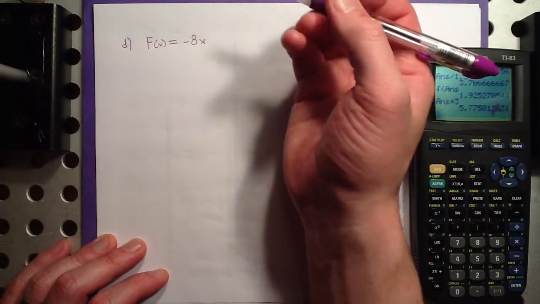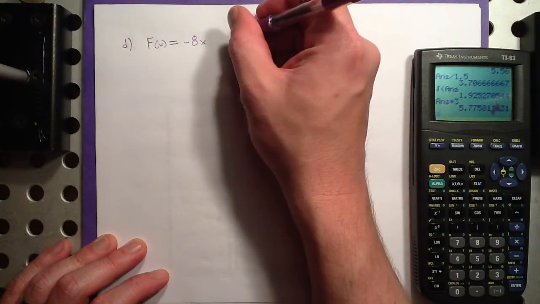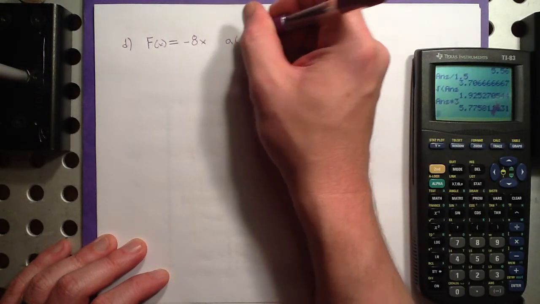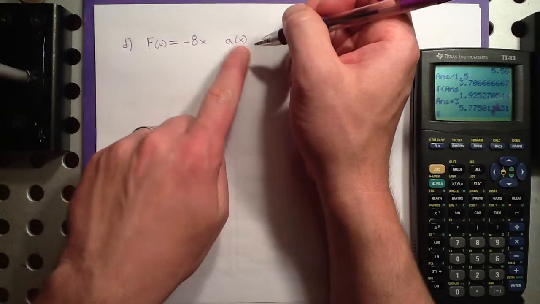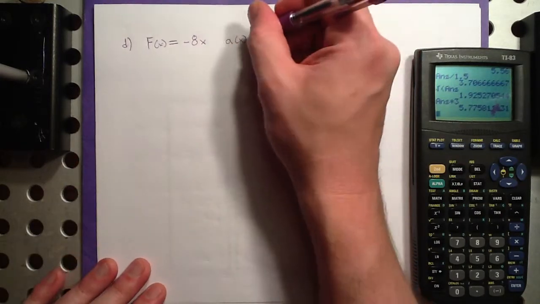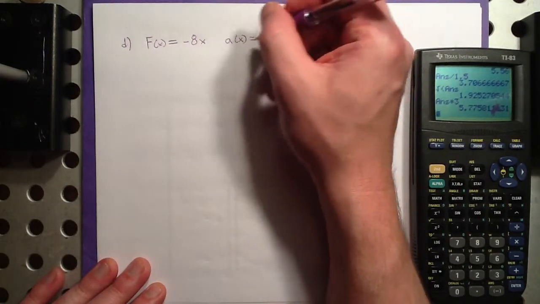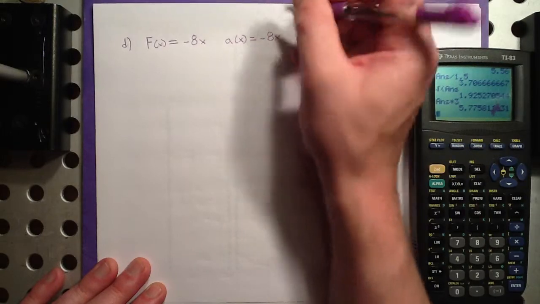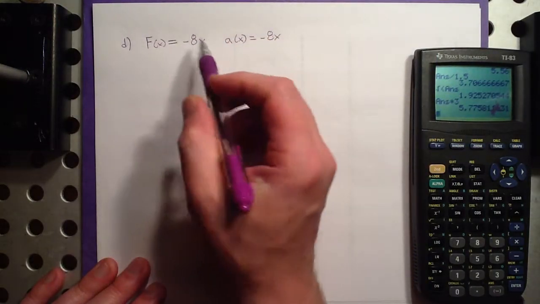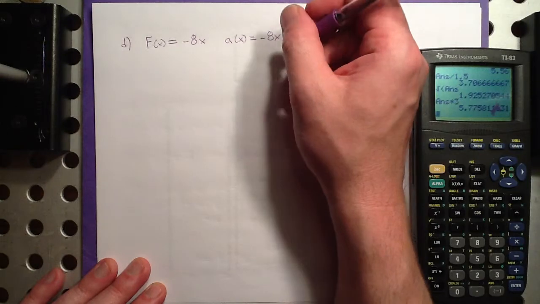Because since we know the mass, that means acceleration as a function of distance, not as a function of time, but as a function of distance, is equal to negative 8x.